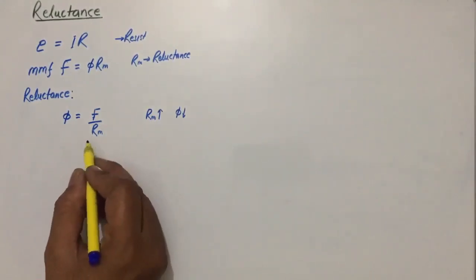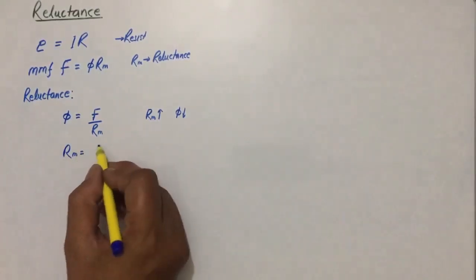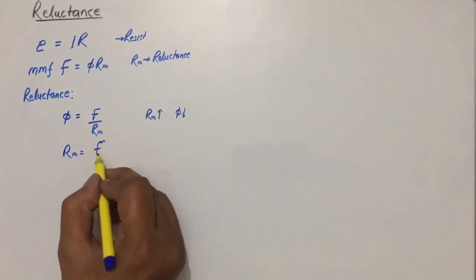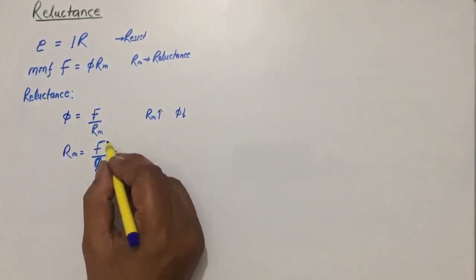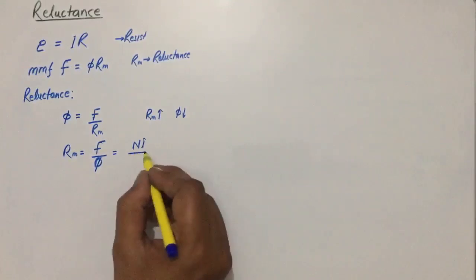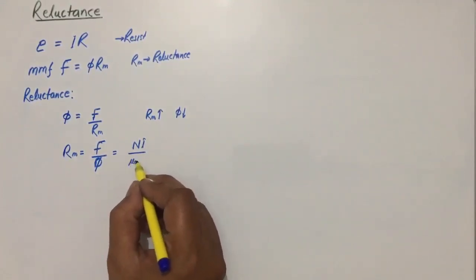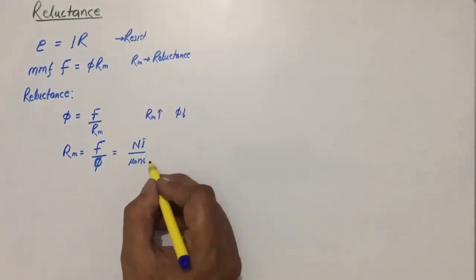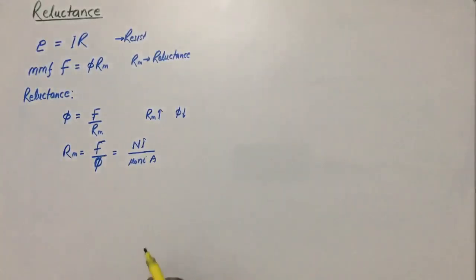And from here we can write reluctance is equal to the MMF divided by magnetic flux. And MMF, we already know, that is Ni, divided by flux is equal to BA. B is mu Ni times area of the core.